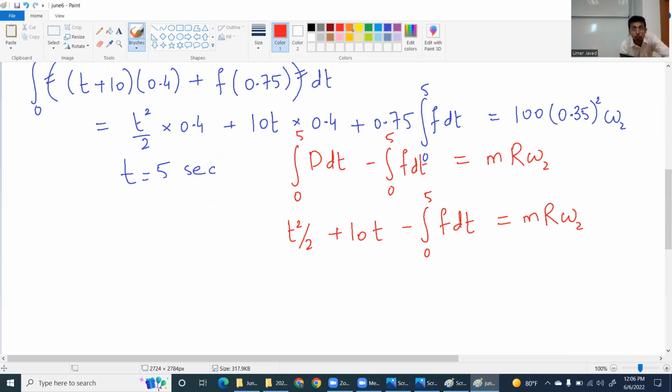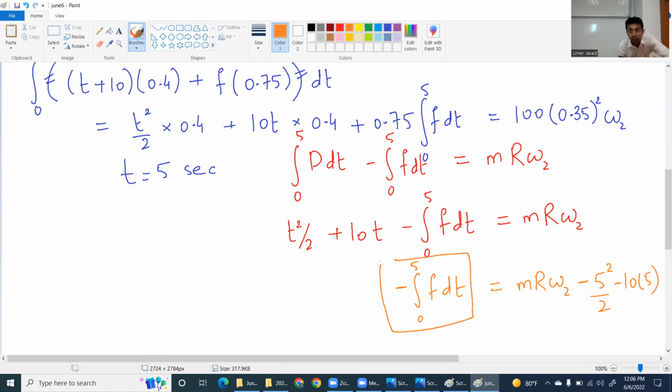I think I have got your mistake, but it's possible that you did not make any mistake. What did you do here? Did you open this? Yes. No. Don't open this. I will tell you why. Okay, I think I understood. Probably this is the mistake. Okay, instead of t, substitute 5 square over 2 minus 10 multiplied by 5. Correct? Now find the value of this big chunk only. Okay.